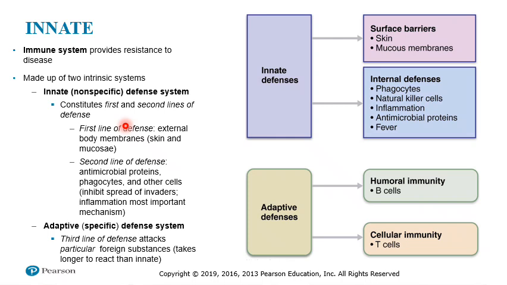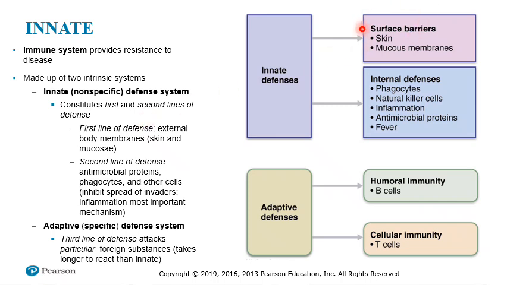The non-specific defense pretty much constitutes the barriers, which is actually your skin and mucous membranes, and the internal defenses, which is actually your phagocytes, your natural killer cells, inflammation, antimicrobial proteins, and fever. The innate is actually made up of the first and second line of defense.